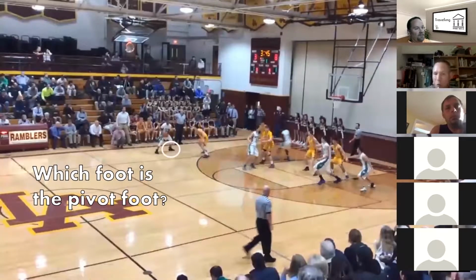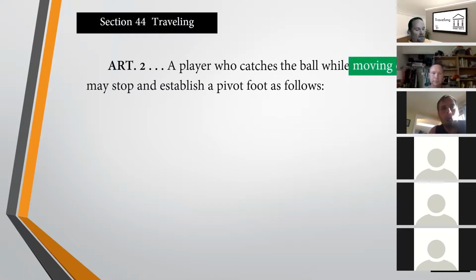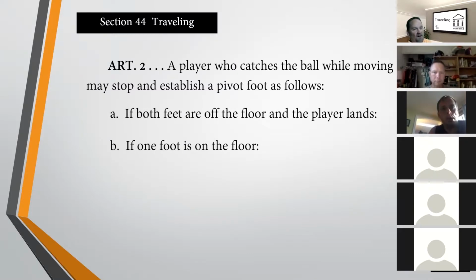All right. Easy enough. Article 2 says, a player who catches the ball while moving or dribbling may stop and establish a pivot foot. So now we're talking about a moving player. All right? When a moving player catches the ball, we've got 2 stipulations.